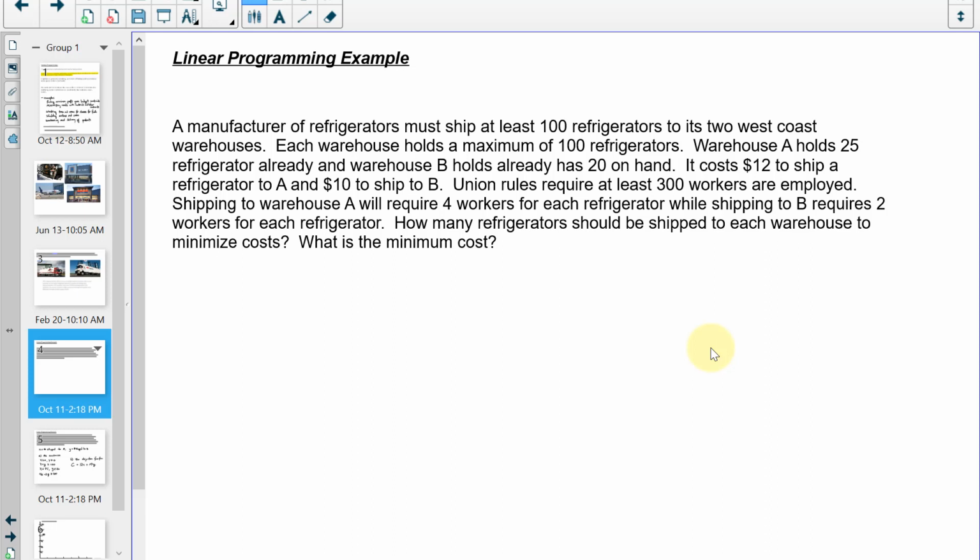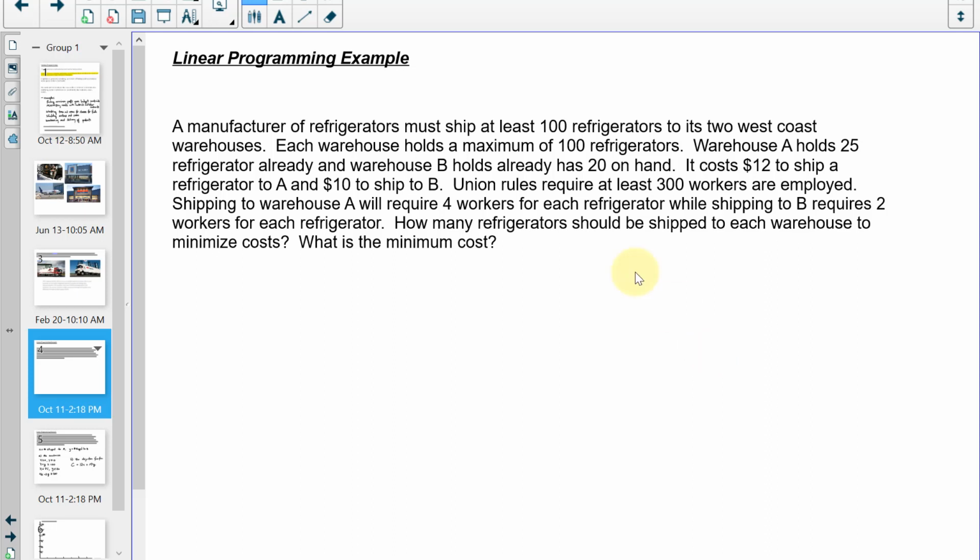It costs $12 to ship a refrigerator to Warehouse A and costs $10 to ship to Warehouse B. Union rules require that at least 300 workers are employed, and shipping to Warehouse A will require 4 workers for each refrigerator, while shipping to Warehouse B requires 2 workers for each refrigerator. How many refrigerators should be shipped to each warehouse to minimize the cost, and what is the minimum cost?